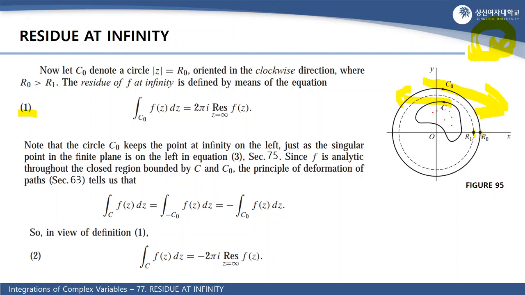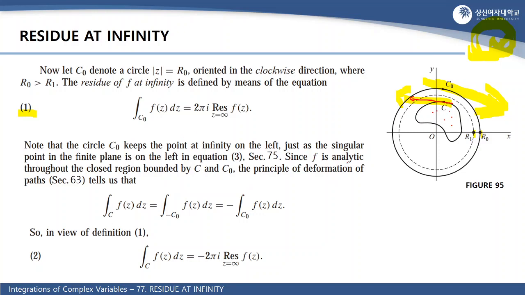So when we consider the direction of this contour, the point is placed on the left. We have the same condition for the point at infinity here, so the reason we consider the clockwise direction here.